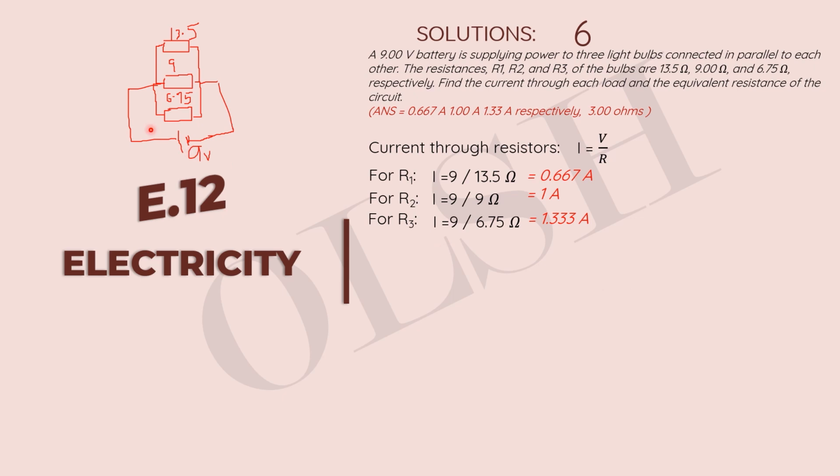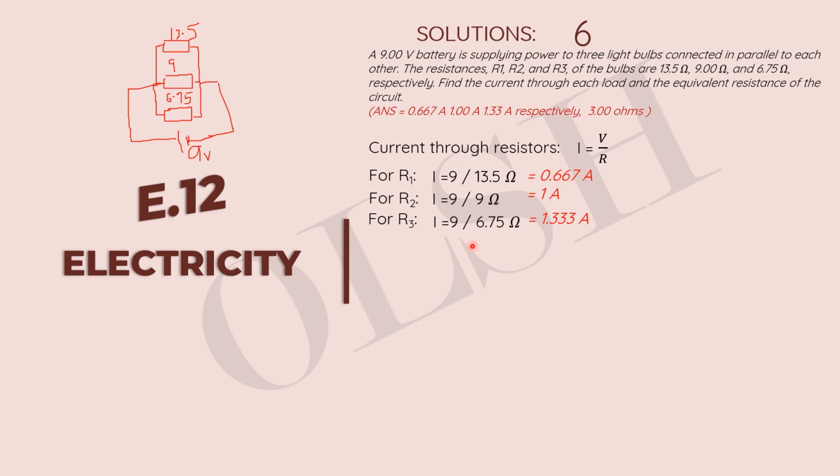So we can see that the highest current goes to the 6.75 ohm resistor, the next is the 9 ohm resistor, and the next is the 13.5 ohm resistor, because 6.75 ohms is the least resistance that we have here. So it allows more current to flow, which is 1.33. Then 9 is the next least resistance, which allows 1 amp to pass through it. And then this one should be the least, which allows 0.667 to pass through it.